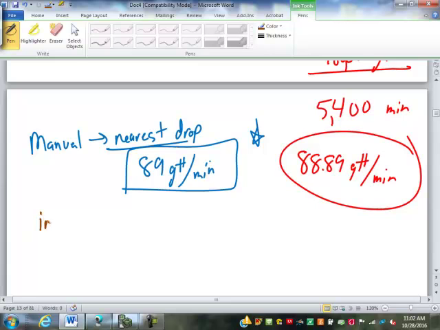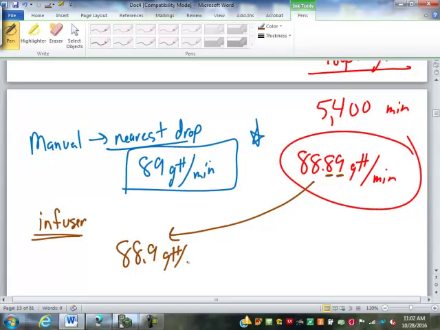If you're using an electronic infuser, depends on the device. Usually it's either 1 or 2 decimal places. So if it was an electronic infuser, it's either going to be 88.9 or 88.89 drops per minute.